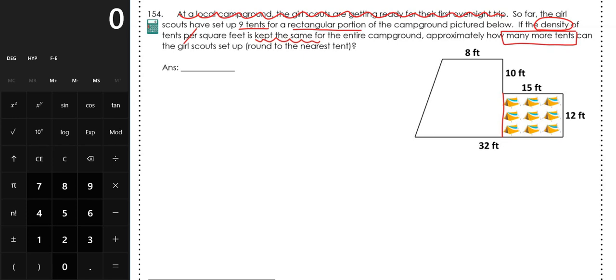Round to the nearest tent. So we're looking for the number of tents, the population of tents that's going to fill in this whole other section. That's going to be our goal.